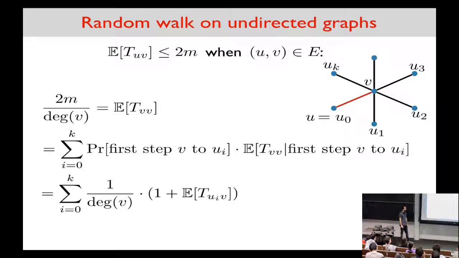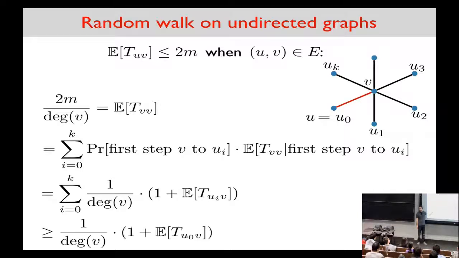And now I'm going to do something very trivial. I'm going to get rid of every term in the sum except for i equals 0. That's the only thing that's going to remain. I take the i equals 0 term, so that's definitely going to be a lower bound. So that's going to be 1 over degree V times 1 plus the expectation of T U0 V. But U0 is U, of course.